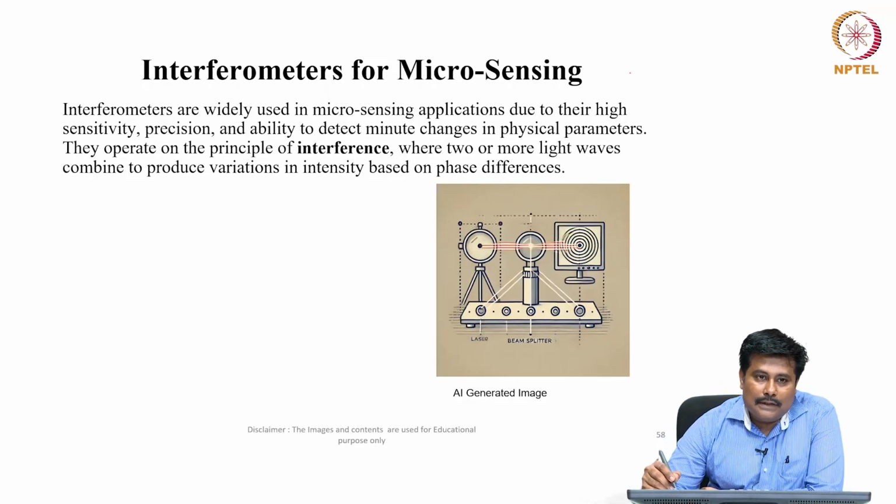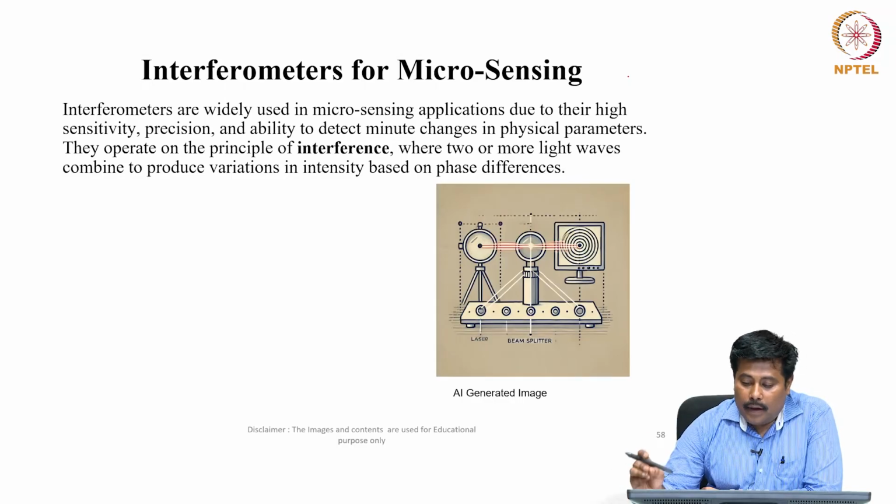As far as interferometers are concerned, they are widely used in microsensing applications due to their high sensitivity, precision and ability to detect minute changes in physical parameters. They operate on the principle of interference, where two or more light waves combine to produce variation in intensity based on phase differences.